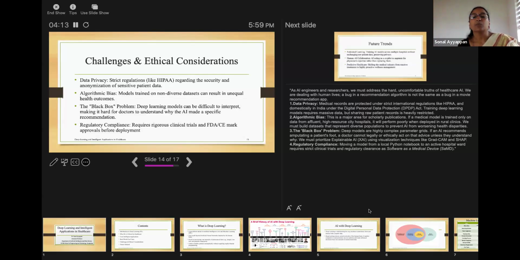Regulatory compliances: moving a model from a local Python notebook to an active hospital ward requires strict clinical trials or regulatory clearances as software as a medical device. So software should be used as a medical device, and there should be some ground reality where it has to be used. Can it be used?